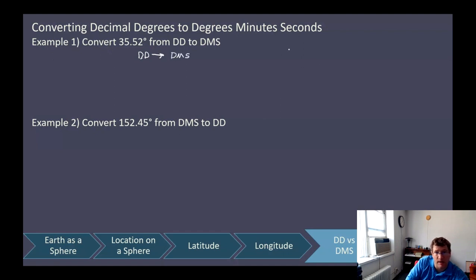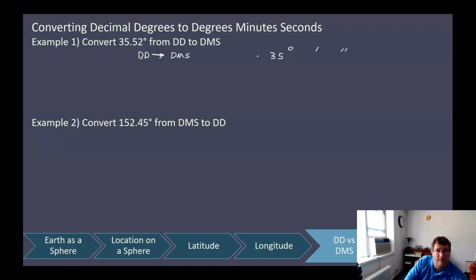So we know we're going to ultimately end up with degrees, minutes, and seconds, and our answer is going to start with 35. So think back to the 3 steps. The first step, you pull off the whole number of degrees from DD, and that becomes the number of degrees in DMS.